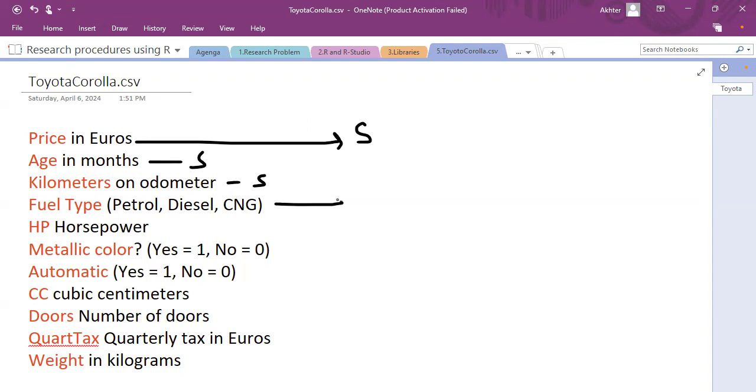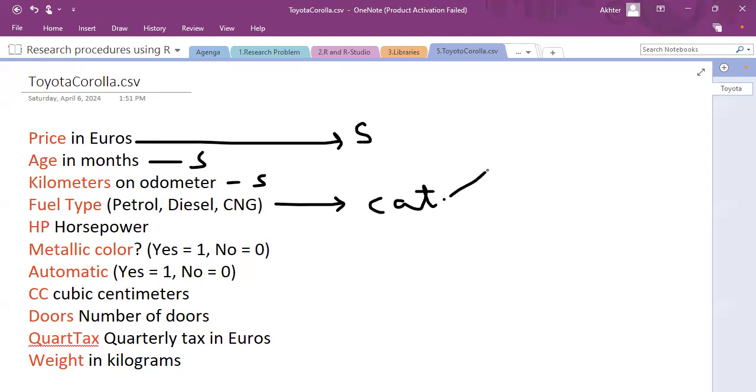But fuel type is not a scaled variable. Scaled variable means a numeric variable or a quantitative variable. Fuel type is not a numeric variable. It's a categorical variable. In research, we call such a variable a categorical variable, cat. But generally, these variables are stored in the data file as strings.